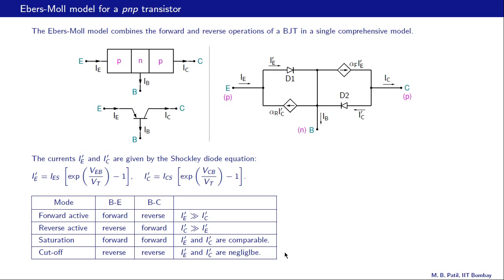There is another model which is a little more advanced, but essentially the idea is similar, that the model describes all of these modes in a nice comprehensive manner. That's called the Gummel-Poon model. For our purposes, the Ebers-Moll model is definitely adequate, and we will see the results that we get from this model.